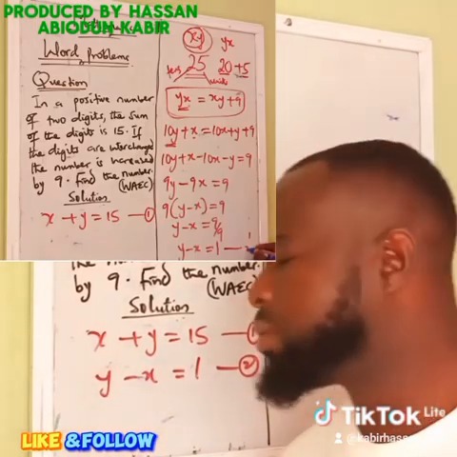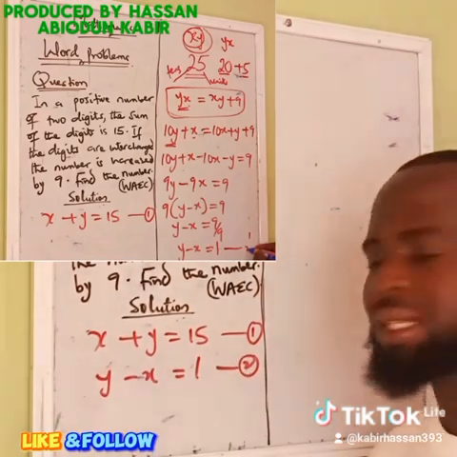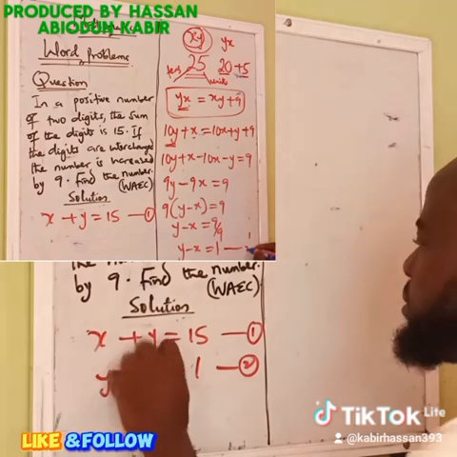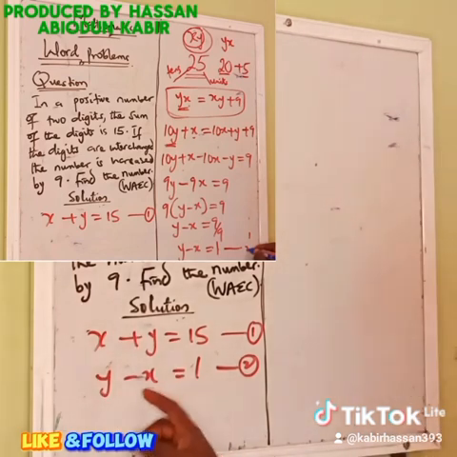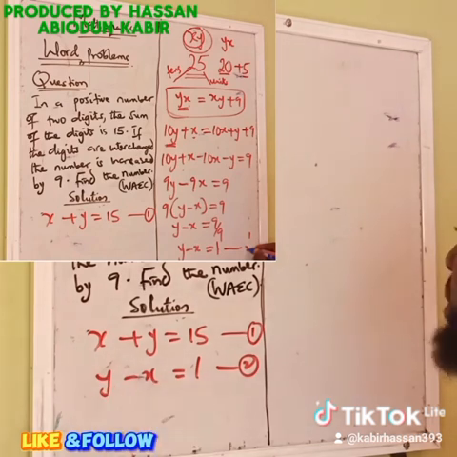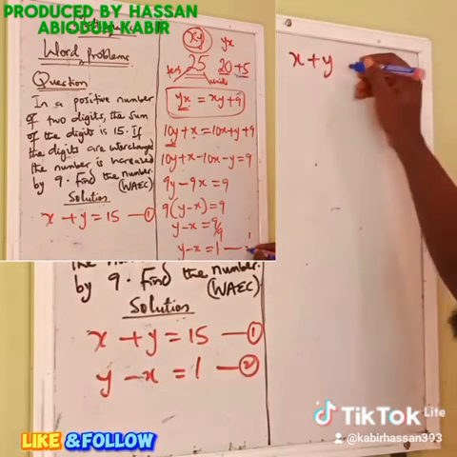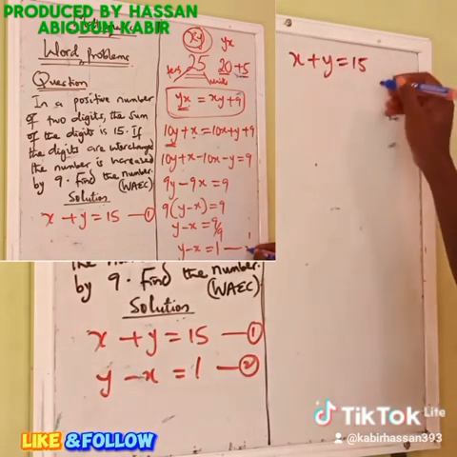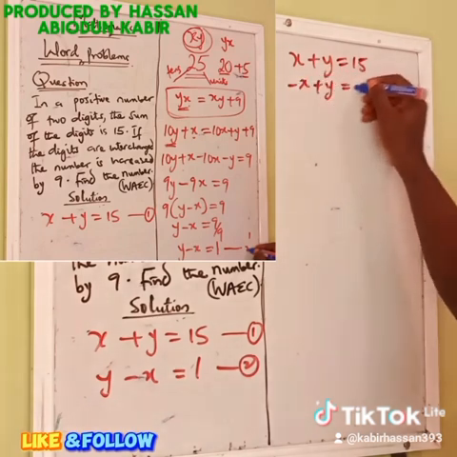We have generated the two equations: x plus y equal to 15 and y minus x equal to 1. We can now solve the two equations simultaneously. Before we do that, I'm going to interchange this. I will take minus x to be here and plus y to be here so that the x terms line together. So we have x plus y equal to 15, then minus x plus y equal to 1.